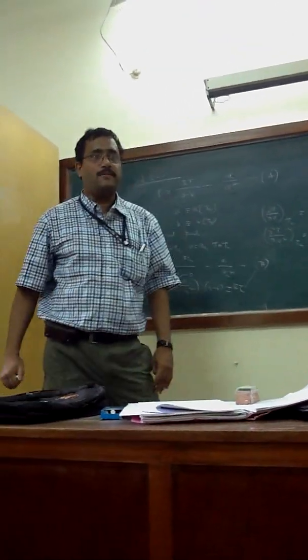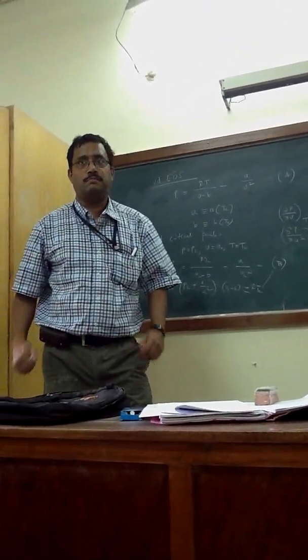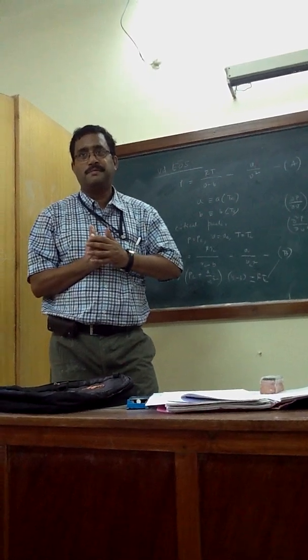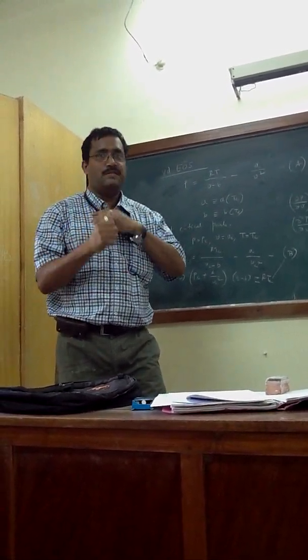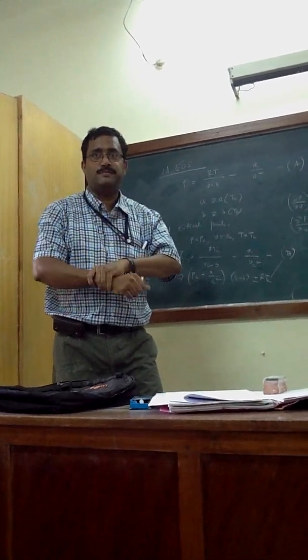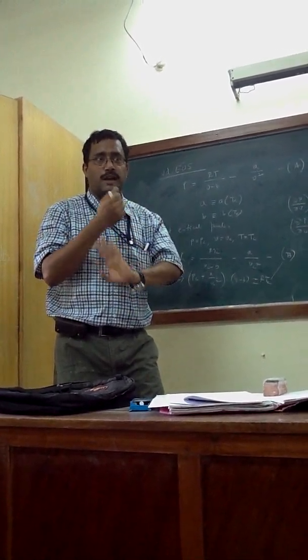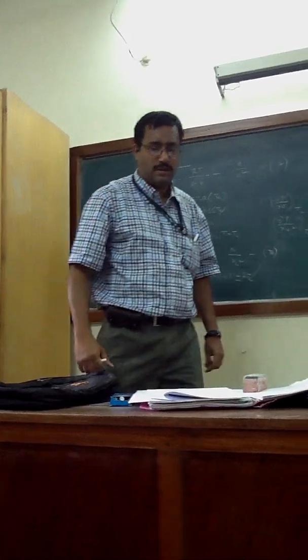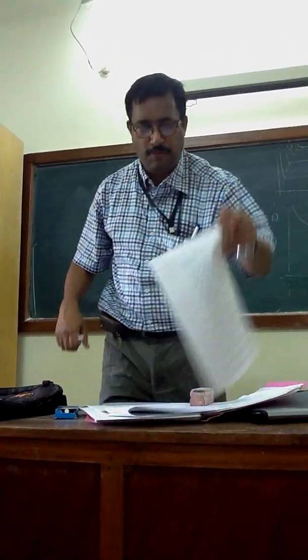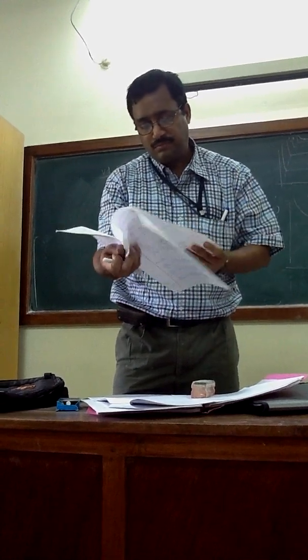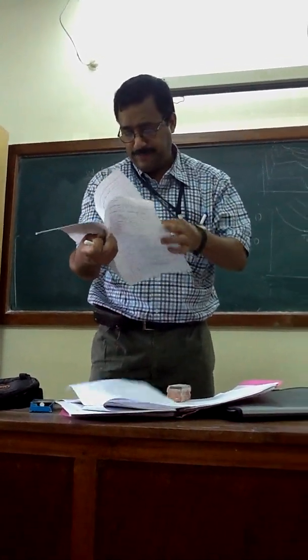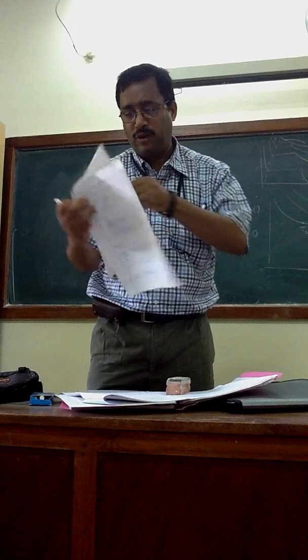Can you calculate A and B for SRK and Peng-Robinson? If I wanted to calculate A and B for SRK and Peng-Robinson, can you do it? What will be the form of your A and B?